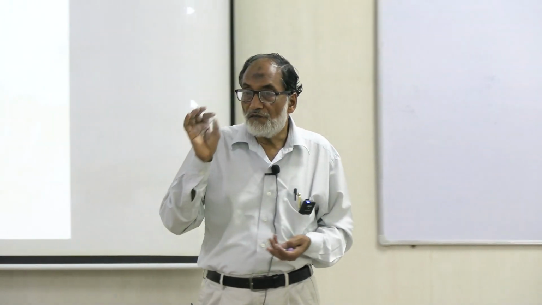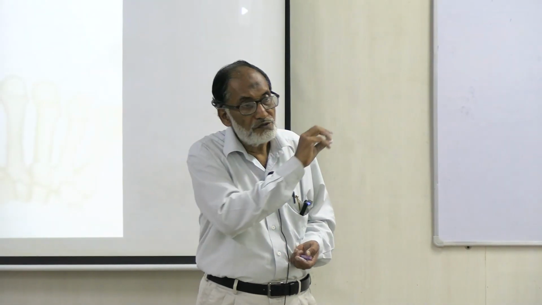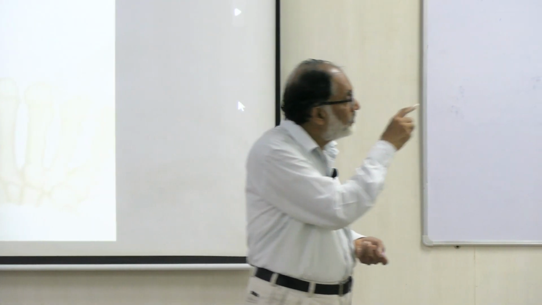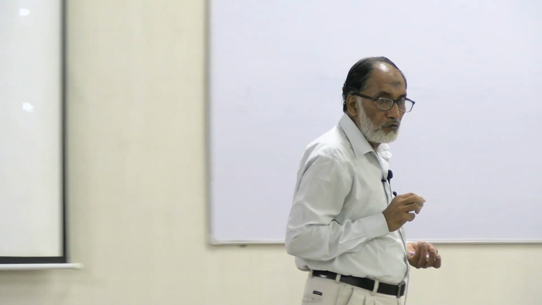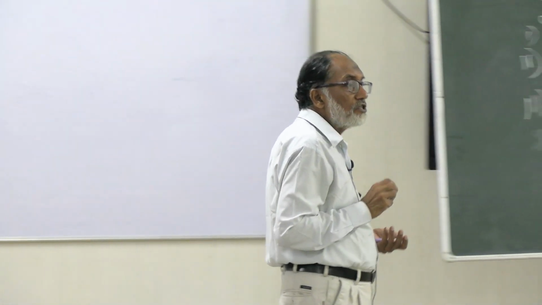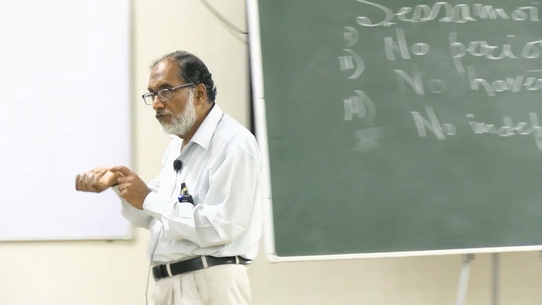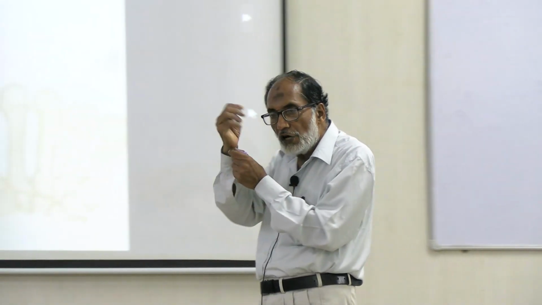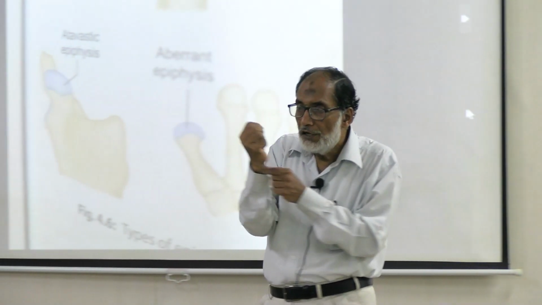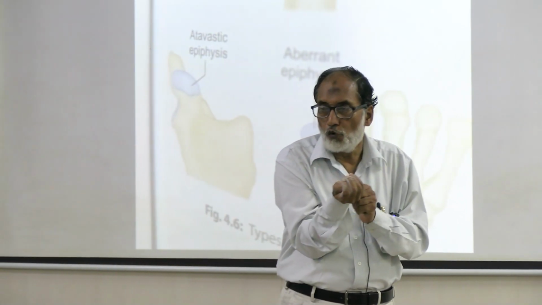Now, what is the function of this sesamoid bone? Actually, it is generally found where there is a chance of friction between the tendon of the muscle and the underlying bone.